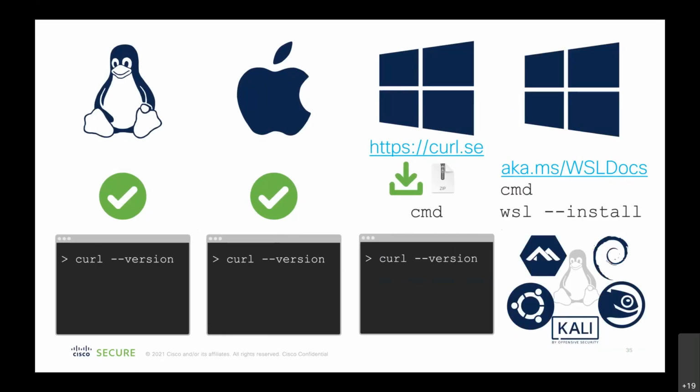It will actually install a Linux hypervisor of your choice onto your Windows box, and that will give you the full set of Unix utilities. And that's probably the best way to go about doing this, rather than just installing a single executable. So keep that in mind if you want to play with it on Windows, since that is the majority of people out there today. You look into WSL if you haven't already.